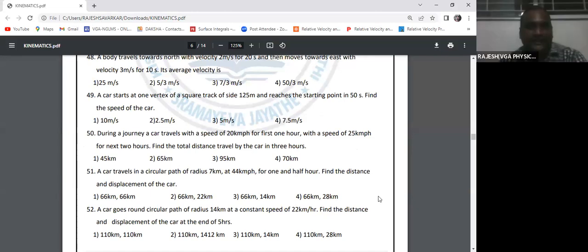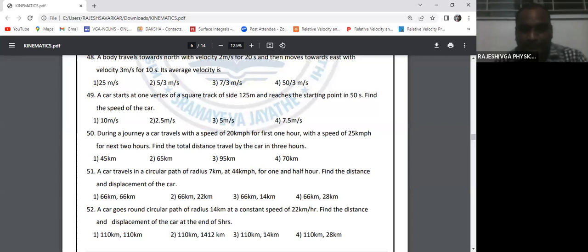It is going in a square track and length of each side is 125 meters. So total perimeter is 4 into 125, so 500 meters. 500 meters it is covering in 50 seconds. So the average speed is 500 by 50. So 10 meter per second. Right?